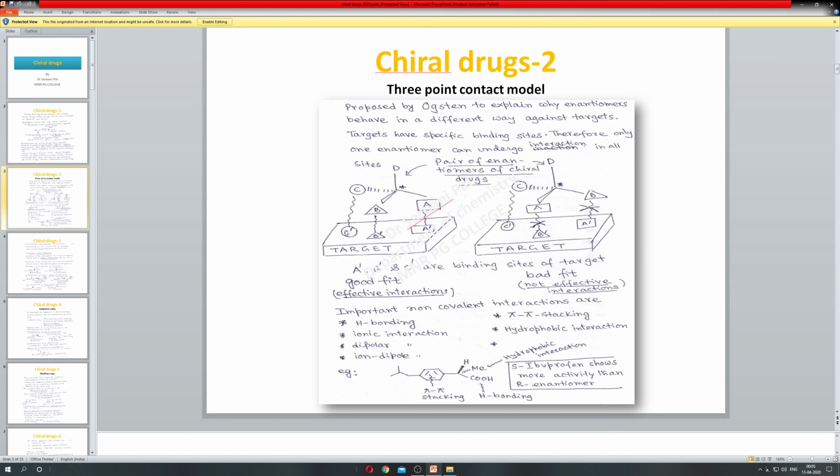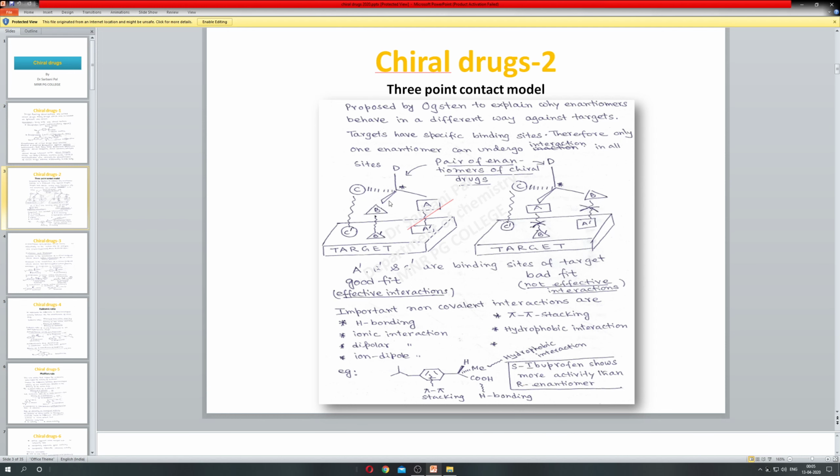At these 3 points the drug molecule can interact. Now these drug molecules are the pair of enantiomers. This is the chiral center which is linked with 4 different groups A, B, C and D. Now in this picture, A is interacting with A prime, B is interacting with B prime, C is interacting with C prime.